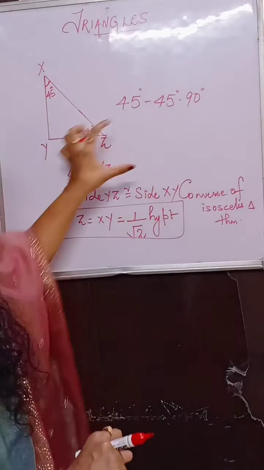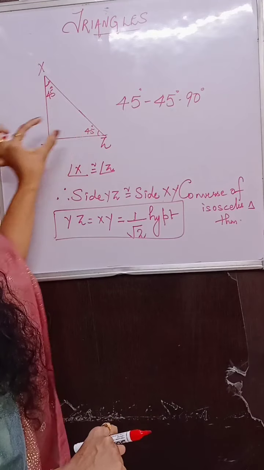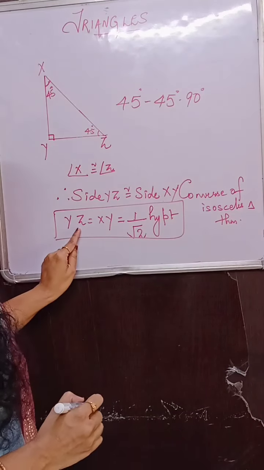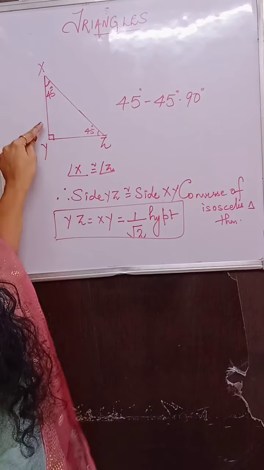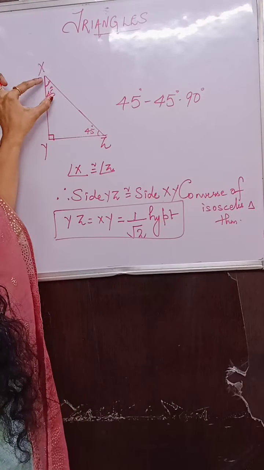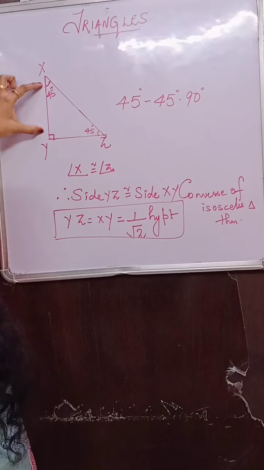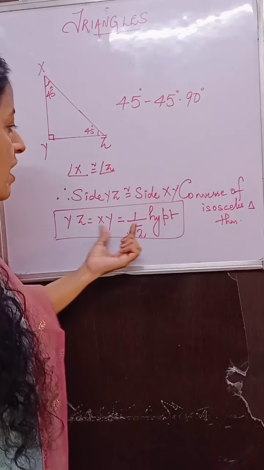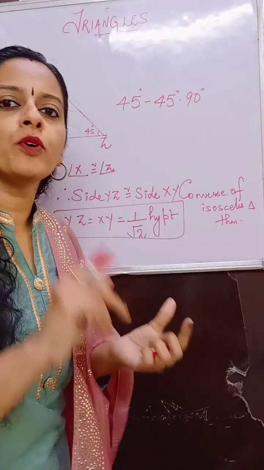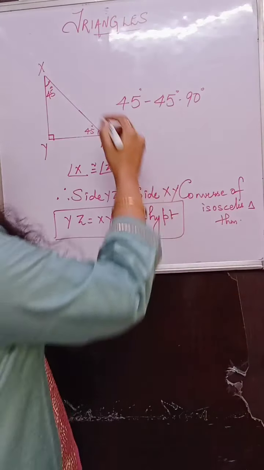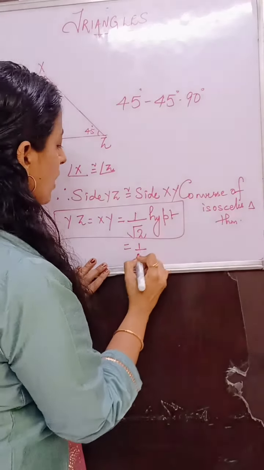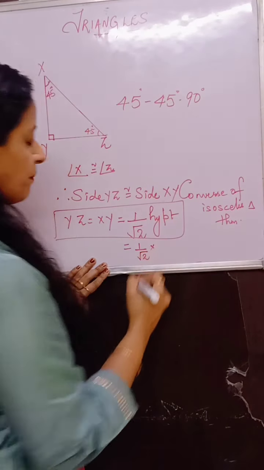So if you have a triangle where the angles are 45 degrees, 45 degrees and 90 degrees, then the sides containing 45 degrees, that is XY and YZ, will be equal to 1 upon root 2 of the hypotenuse. So whatever is the length of the hypotenuse, it will be 1 upon root 2 of the hypotenuse.